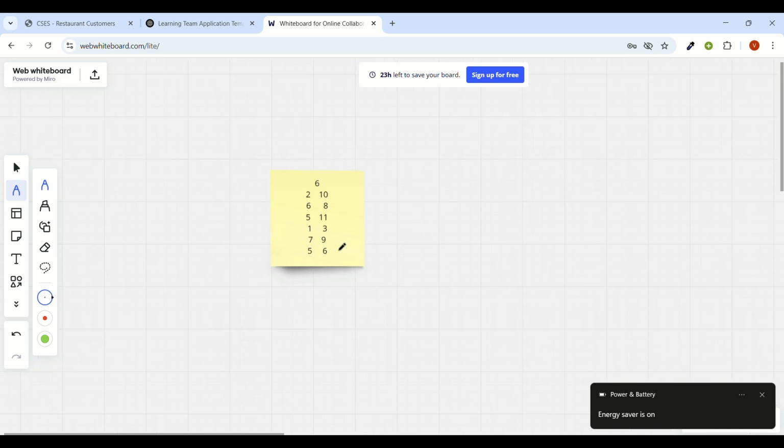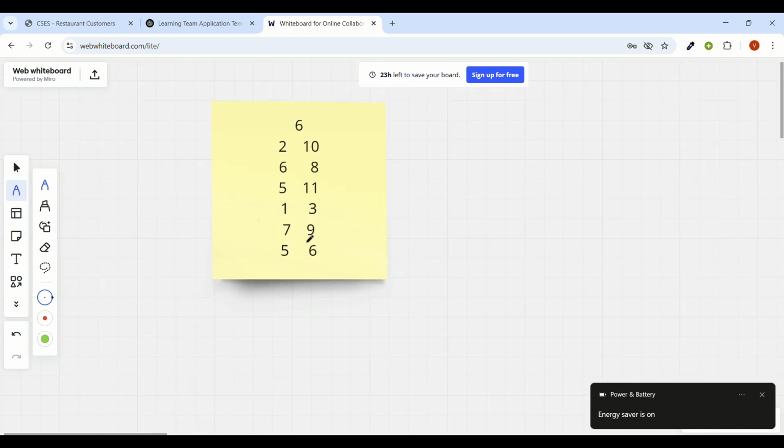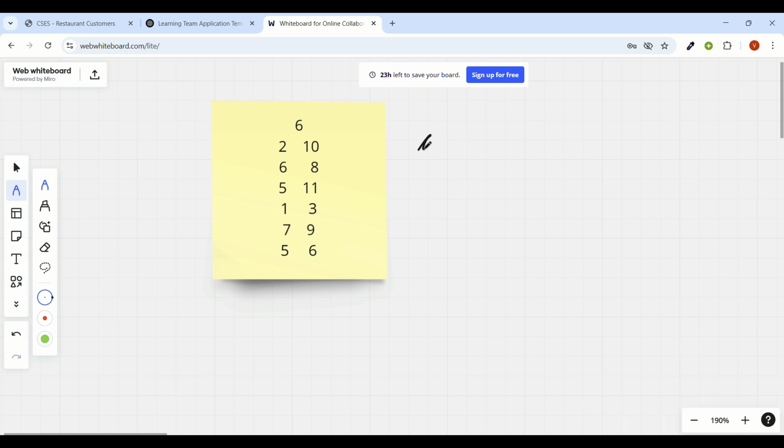So one approach which we could use is that we sort all our arrival times in ascending order. Let's say these are our arrival times. We sorted them in ascending order. So the least arrival time is 1, then second least is 2, then we have 5 two times.